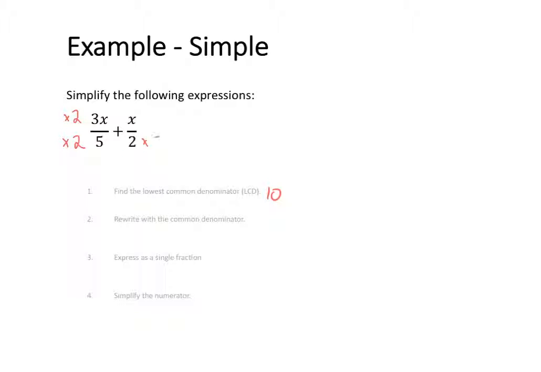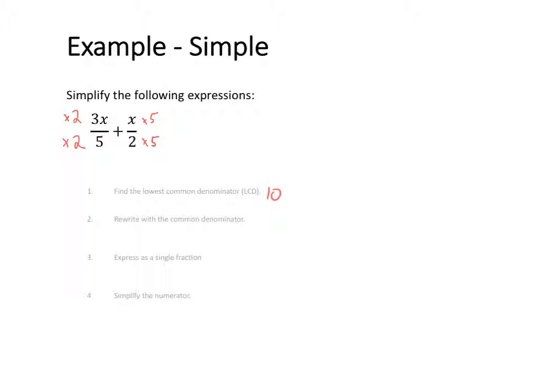So 2 times 5, and what I do to the denominator, I need to do to the numerator, so it's going to be x times 5. So now that I know what I need to do to both my numerator and my denominator, I can go ahead and complete step 2 and rewrite with my common denominator of 10.